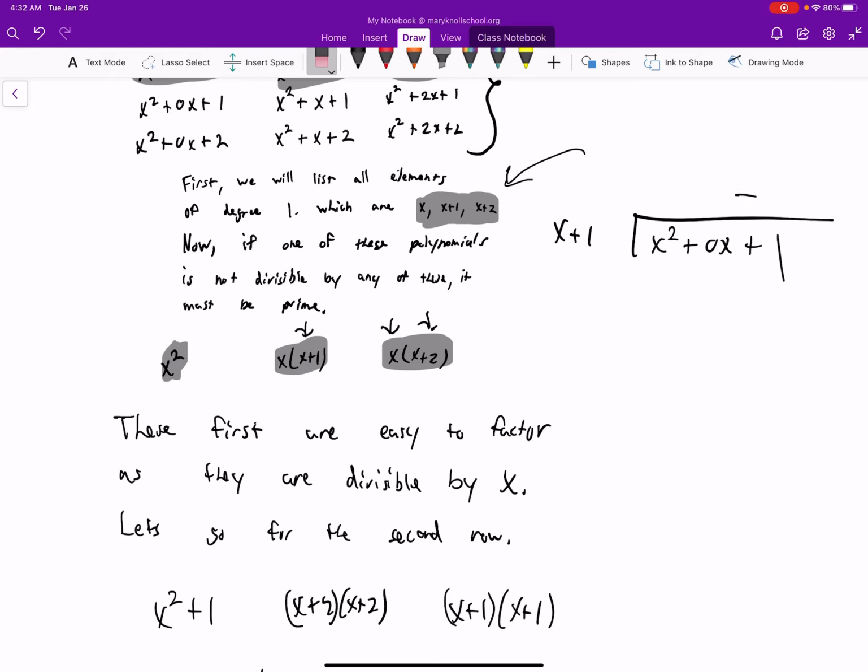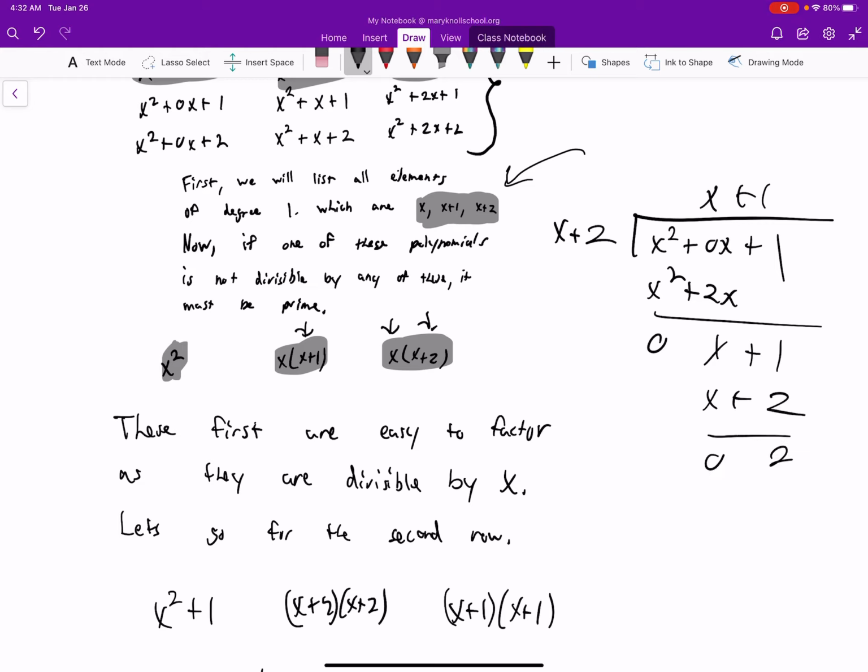So that's going to be x plus 2. So x squared plus 2x, 0, negative 2x, right, which is going to be positive x in Z3, plus 1, plus 1, so x plus 2, negative 1, which is 2 again.